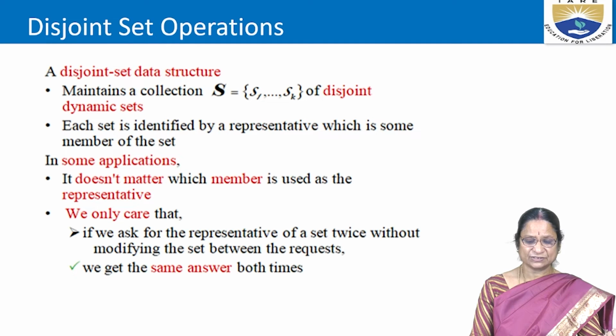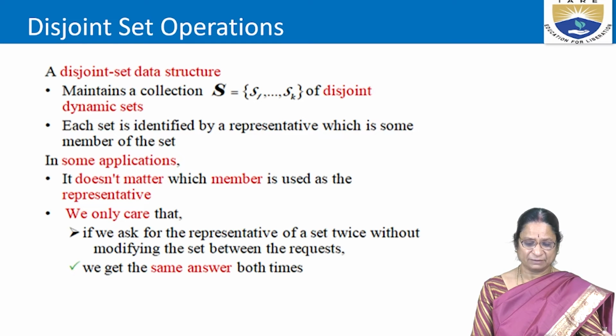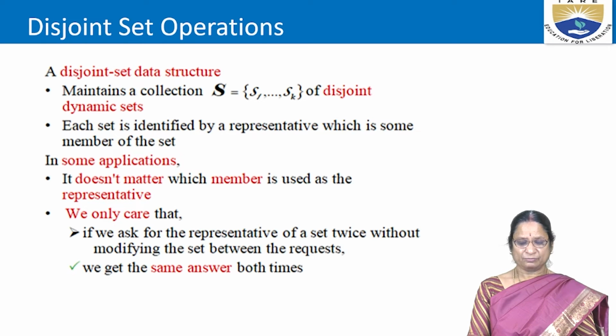So in some applications, it doesn't matter which member is used as a representative, but we have to consider the representative of a set twice without modifying the set between the requests. So anything can be considered, but we have to keep in mind the representative of a set modification.